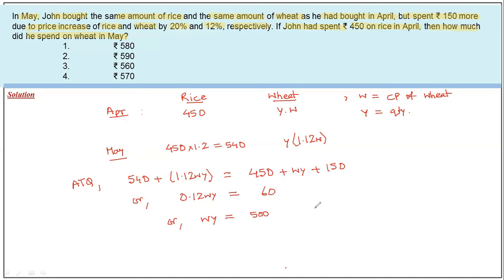So we have to find out the expenses of wheat in May. So it will be this one. So we have 1.12 into 500. So that is equal to 560. Option 3.